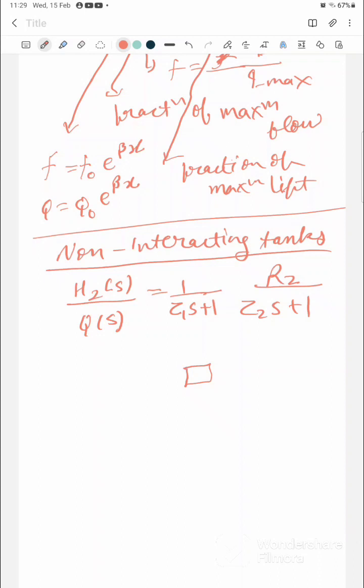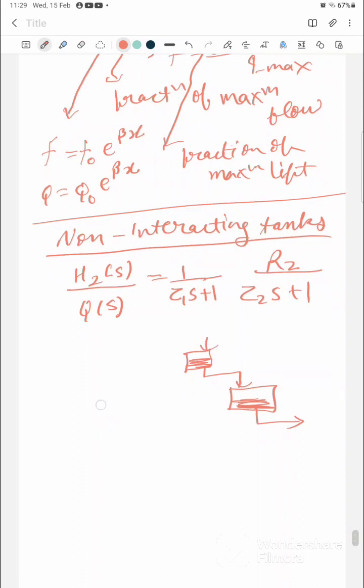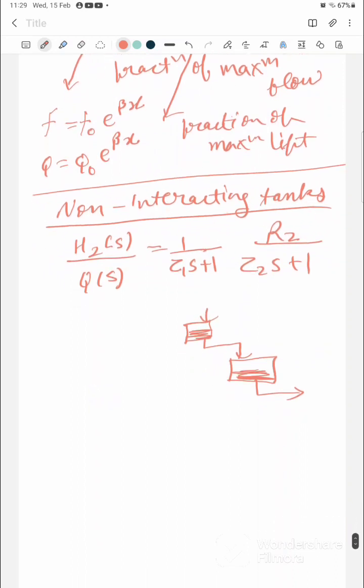Non-interacting tanks are like this. Tau 1 is defined as R1 A1, tau 2 is R2 A2.